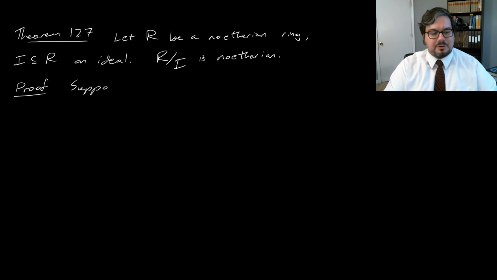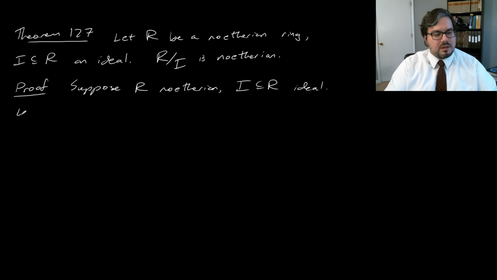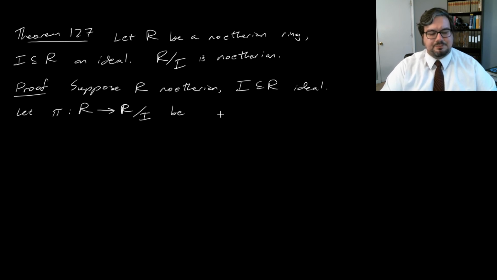So let's suppose that R is Noetherian, I contained in R an ideal. Let pi from R to R mod I be the standard projection map. To be precise, pi of an element x is x plus I.